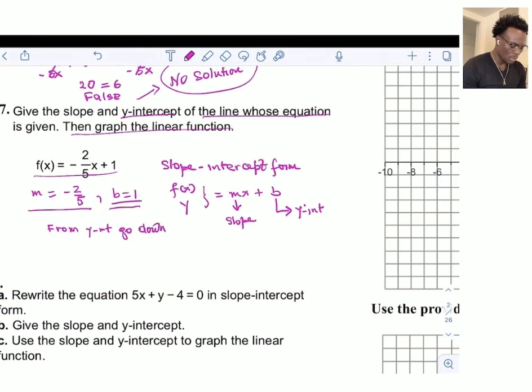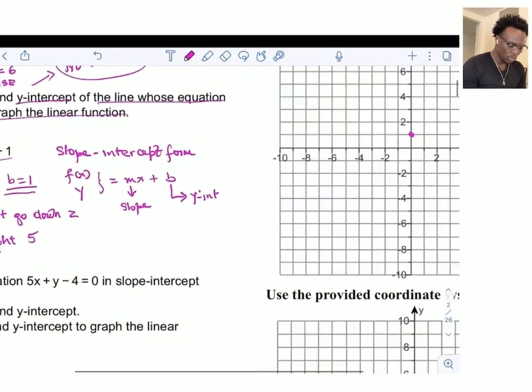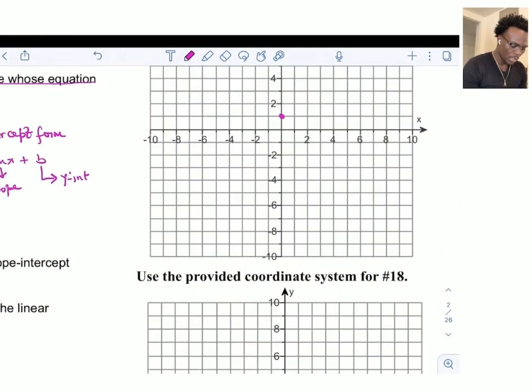2, and then after you go down 2, you're going to go to the right, since 5 is positive, to the right 5. So let's do that. Down 2, and then right 5.